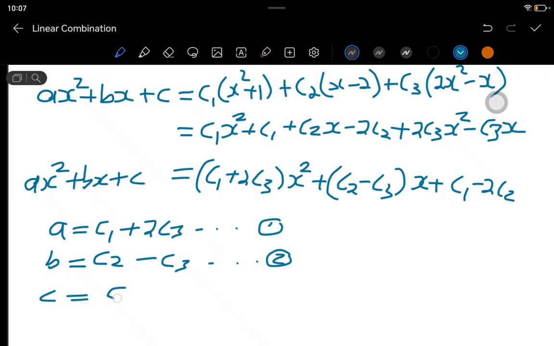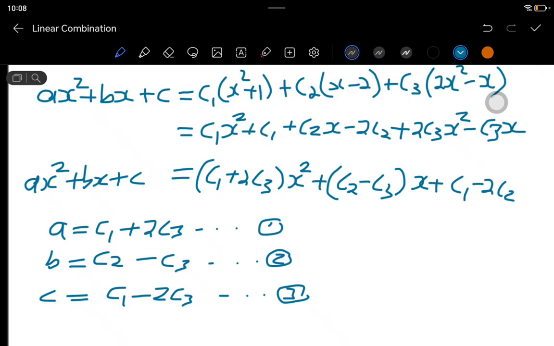Take c equated to c1 minus 2c3. This is equation 3. We realize that this is not like the other questions. In this case, our a, b, c are unknown. Remember that time we had those. Now our a, b, c are unknown.